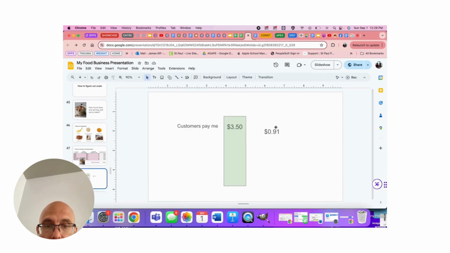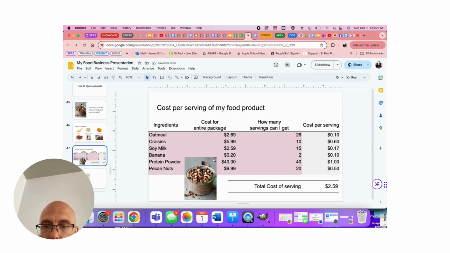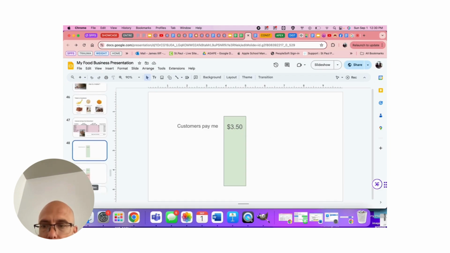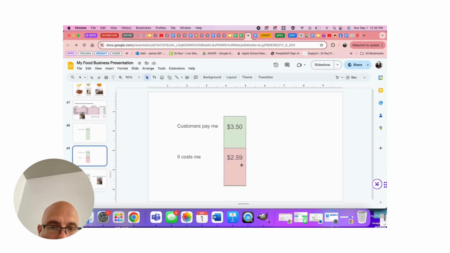Well, let's think about it like this. Let's say that every time a customer buys one of these, they pay me $3.50. So let's say I set the price at $3.50, and every time a customer comes in and buys one of these servings, they give me $3.50. Well, if I know that it costs me $2.59 to make, how much am I left over with as profit?